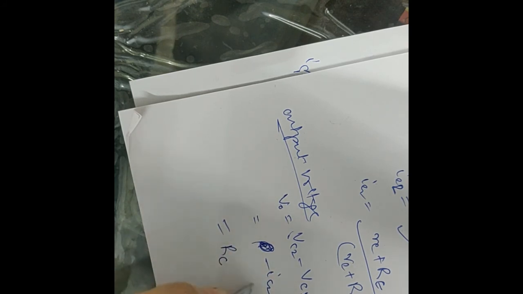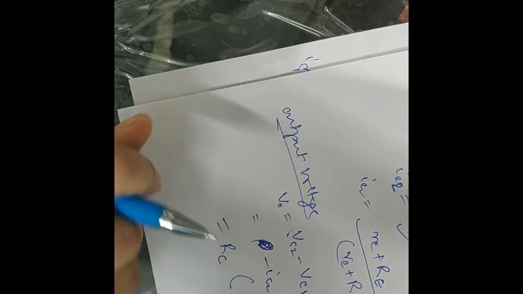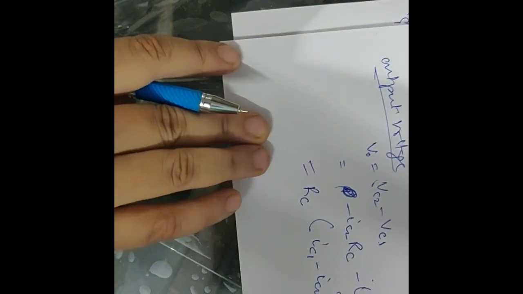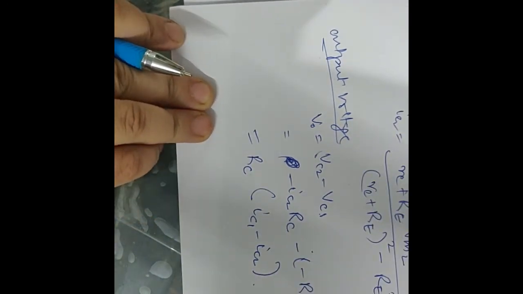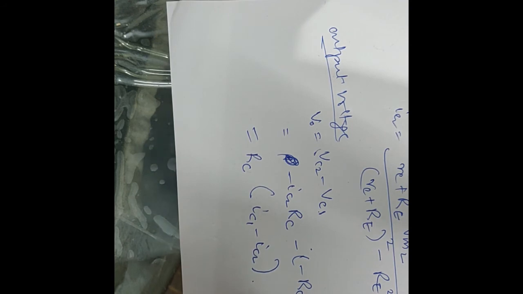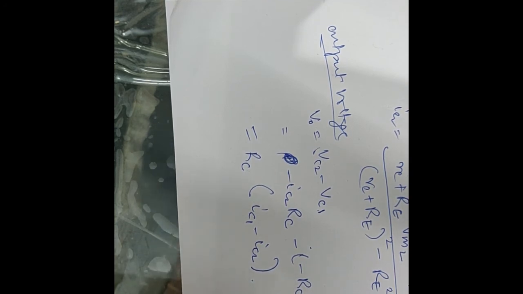So we are taking the RC common, and this is IC1 minus IC2. As we all know, IC is nearly equal to IE, because IB is very, very small.